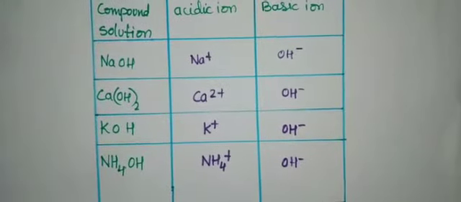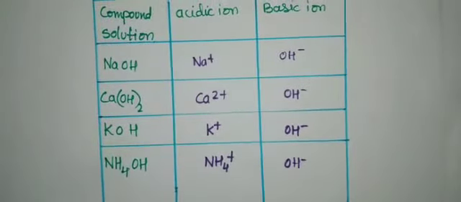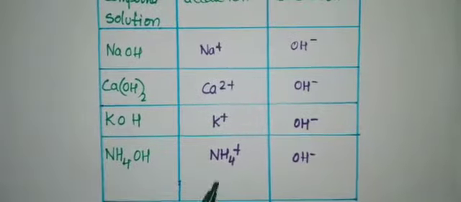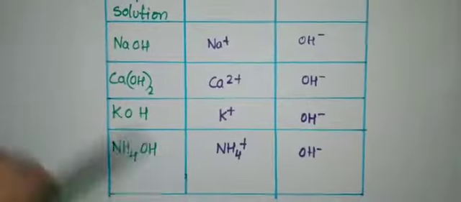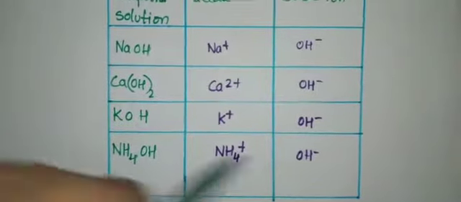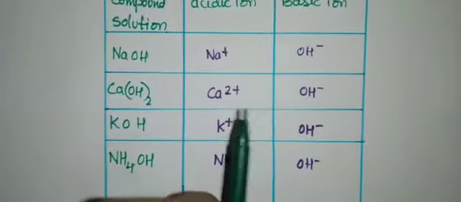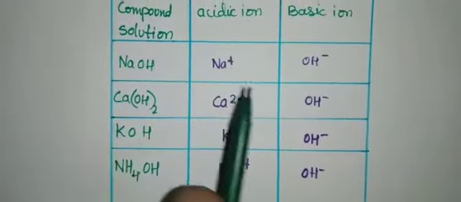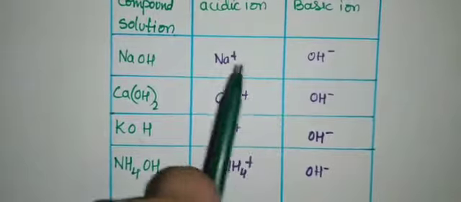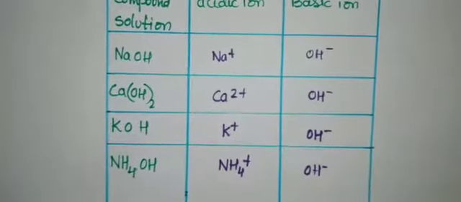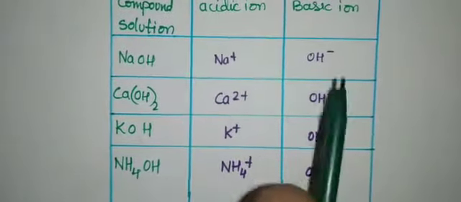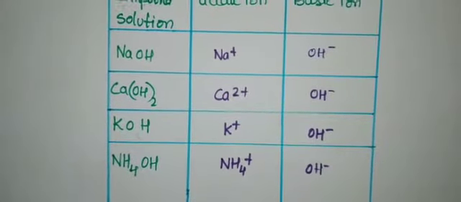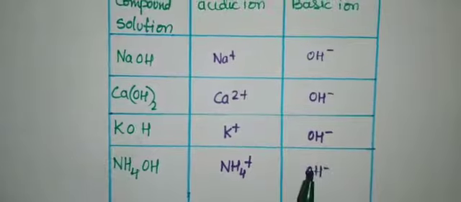As we did in the acidic solutions, if you supply electricity to these solutions, the compounds will split like this. When you split NaOH, we will get cation Na plus and OH minus. Here calcium and OH minus, here potassium and OH minus, and NH4 plus and OH minus.